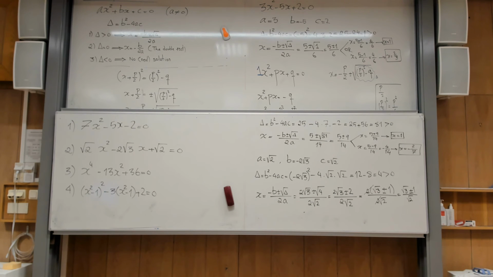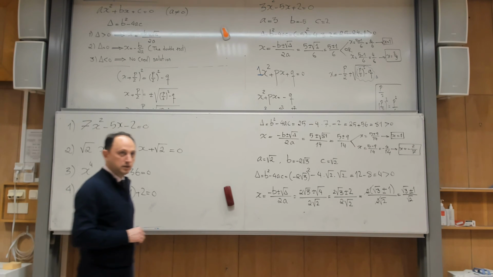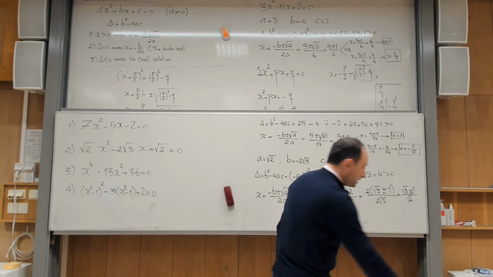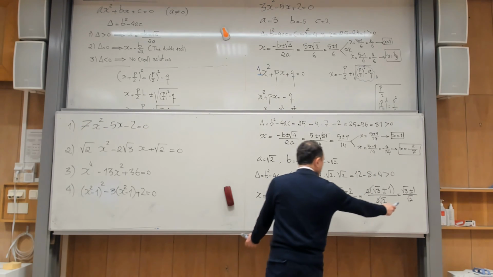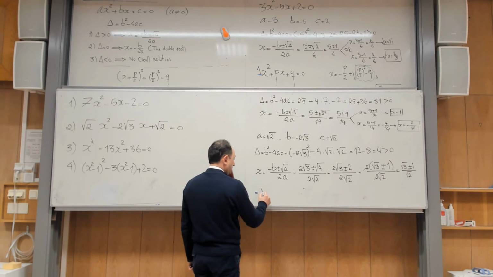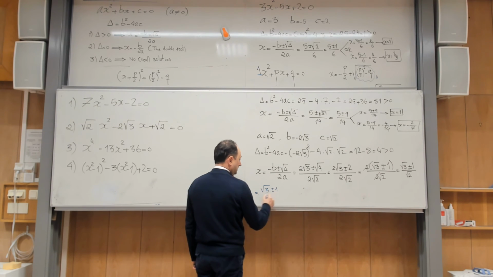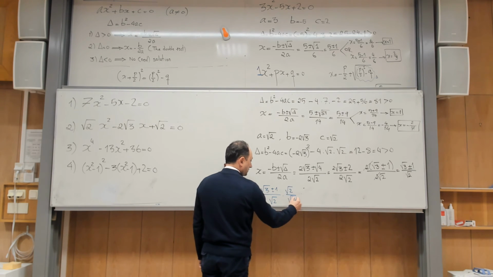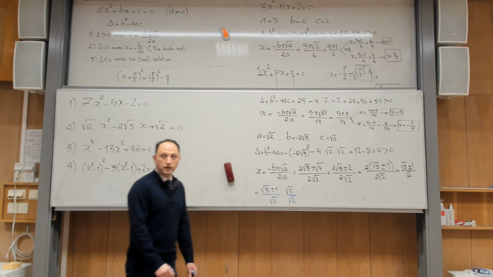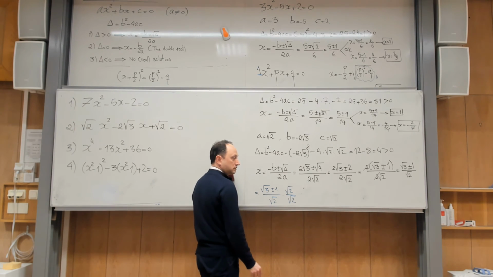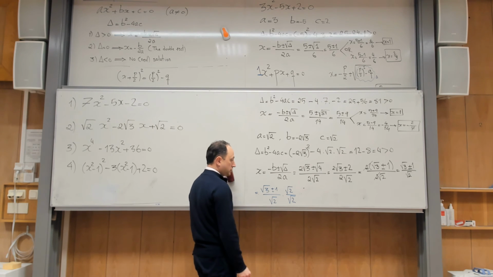I told you sometimes it is common to get rid of surds in the denominator. Yeah, it is not obligatory, so let me change my color. If I insist to get rid of this surd sign, what I have to do is rewrite this again and rescale it by square root of 2 over square root of 2. If I do that, first of all, I haven't changed anything, because the square root of 2 over square root of 2 is just 1.